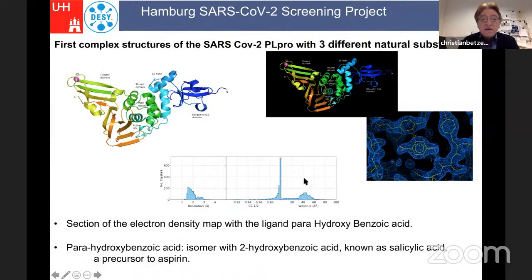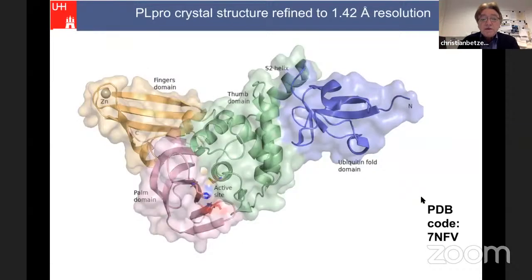This is PLpro again, the active site here, and ISG-15 is binding here. This we know today. Before it was not known, but we have structures. And you see electron density of, we have followed up the first 3 compounds, which were super interesting. And here again, active site, ISG-15 is binding here.